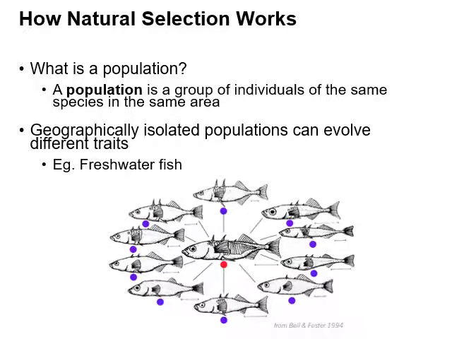So a really important aspect of natural selection is that when you have populations that are isolated from each other, they can actually evolve in different ways, right? Natural selection will cause them to change in different ways. And freshwater fish are a really good example of this. These fish that you see here are known as three-spined stickleback.